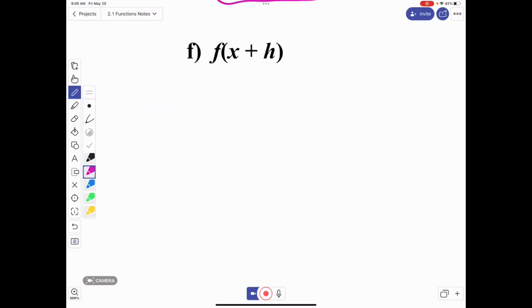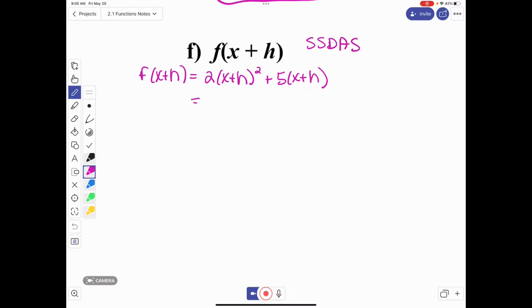All right, so on F, we're going to plug in x plus h. So we have 2 times x plus h squared plus 5 times x plus h. Okay, so again, I'm going to use my shortcut. Some stars don't always shine. Keeping the 2 out front because I have to square that first.